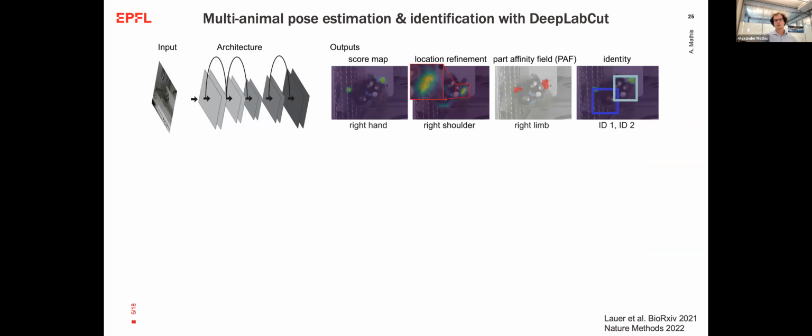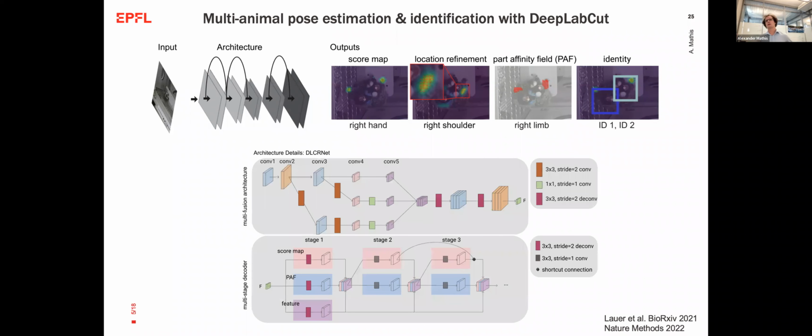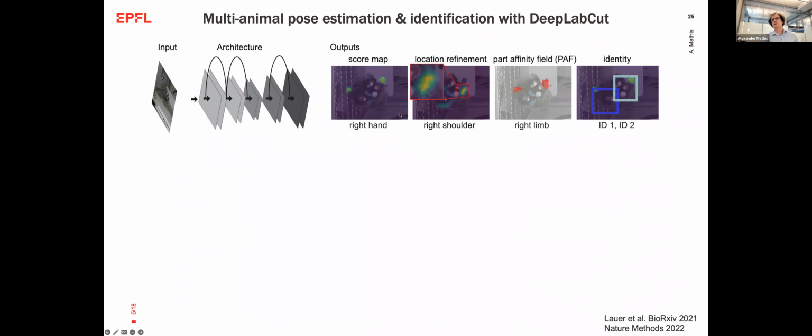So in order to do the detection part, we have built an architecture that is a multitask deep neural network that actually solves the following 4 tasks simultaneously. Firstly, it outputs these score maps. These are just probability densities of where a body part is.